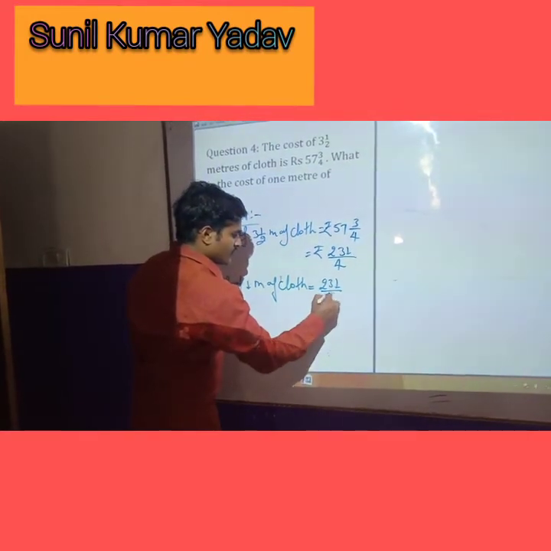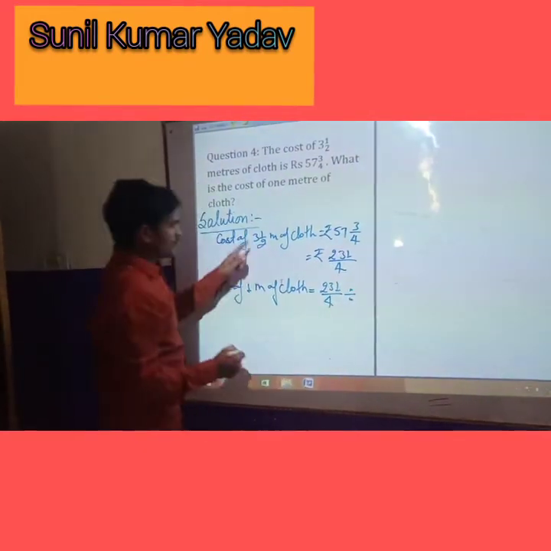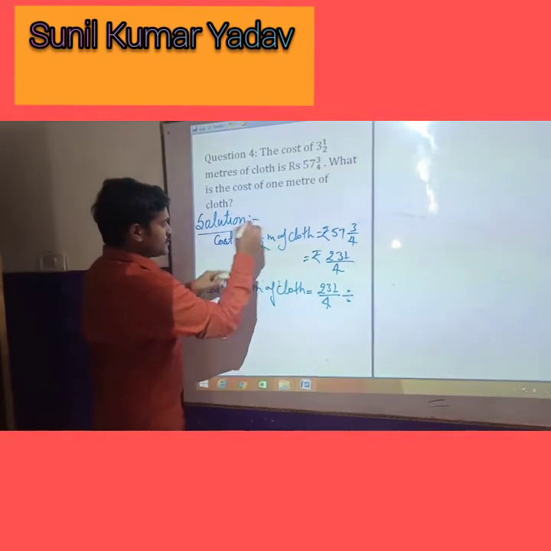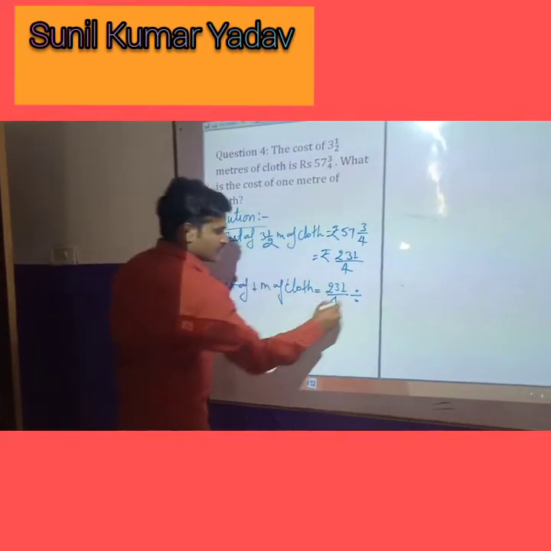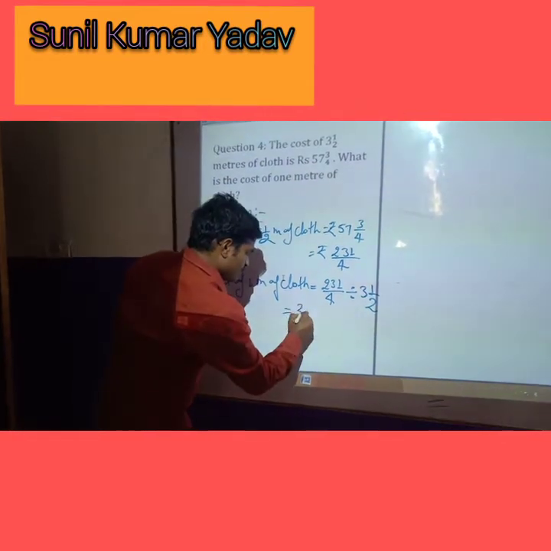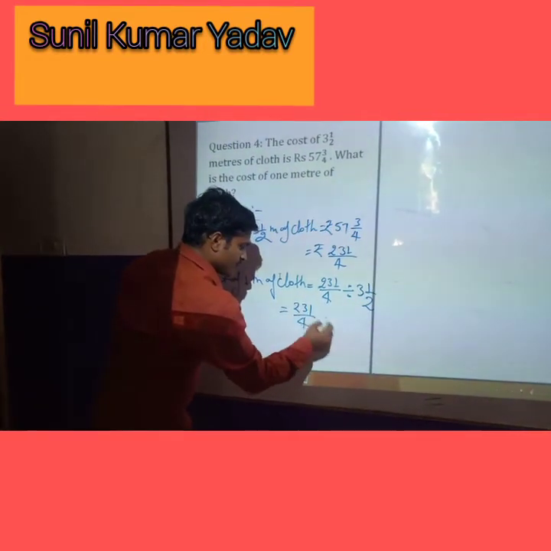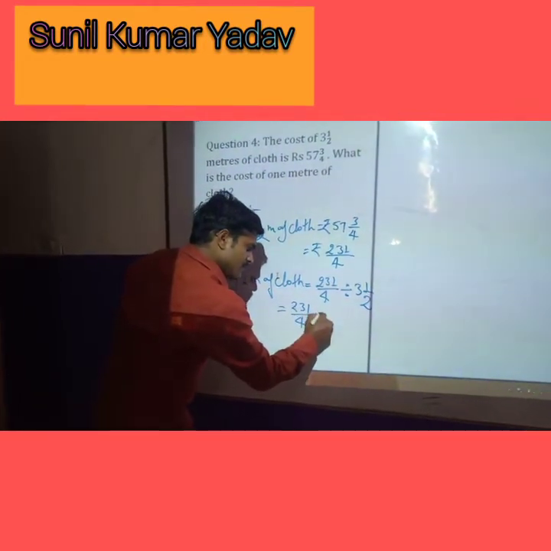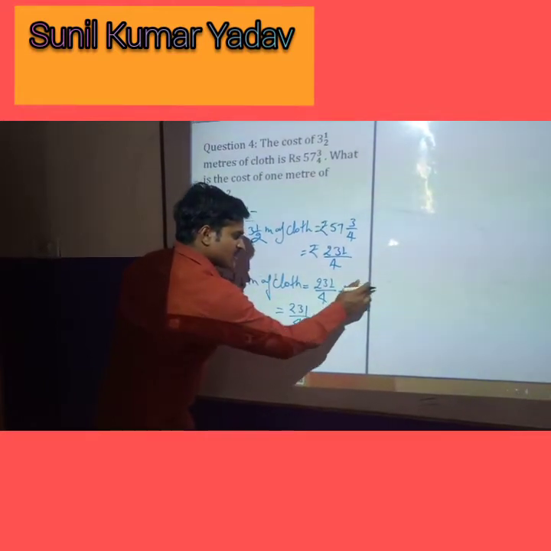So cost of 1 meter of cloth is equal to 231 upon 4 divided by 3 complete 1 upon 2. It means 231 upon 4 divided by 7 upon 2, since 3 times 2 is 6 plus 1.